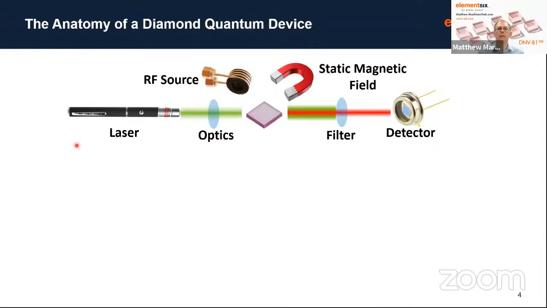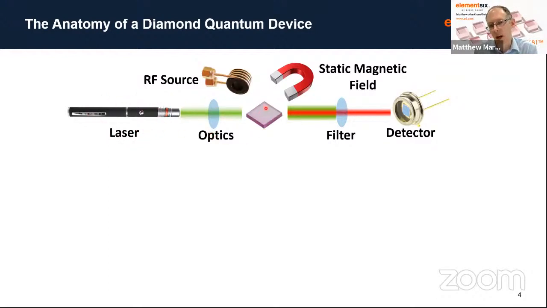So what does an actual device look like? This again is another strength of diamond: the actual devices are pretty simple. You can cobble together a system using very simple off-the-shelf components. Obviously, making an engineered device, you'd use something more complicated, but in principle, all you need is a green light source, which can be a laser or an LED.